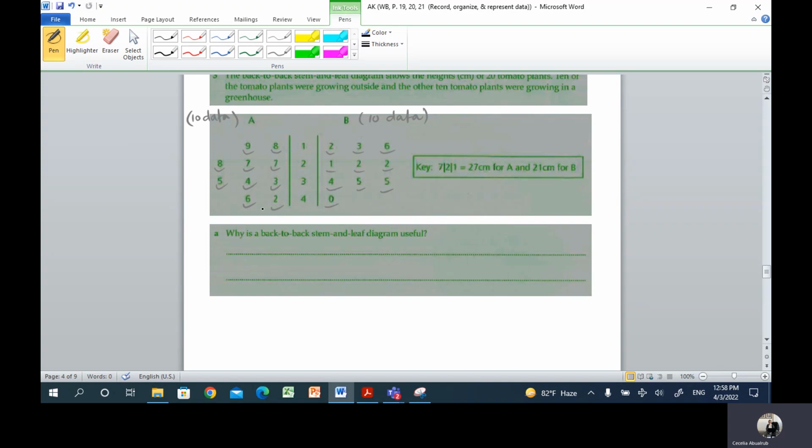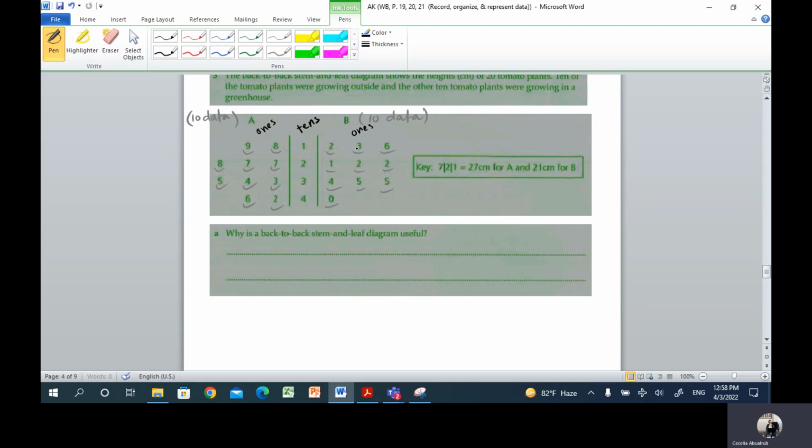How do we read each number? For example, if you take the 8 here, from A, it will be 18. This represents the tens, and this represents the ones. How do we read the 3 in B?